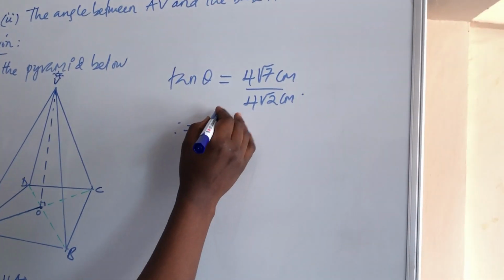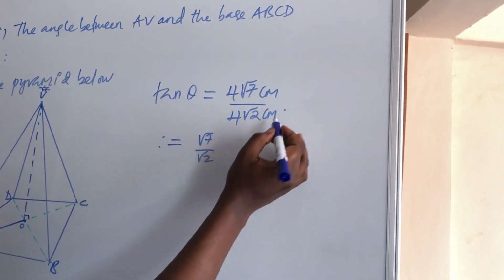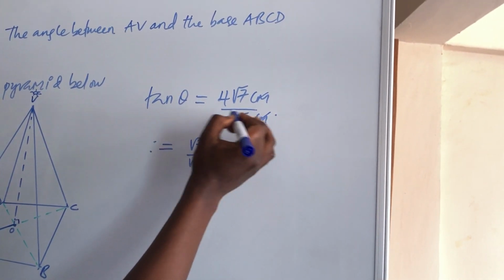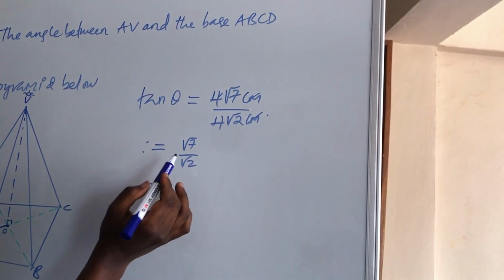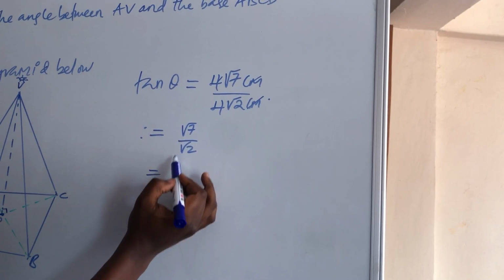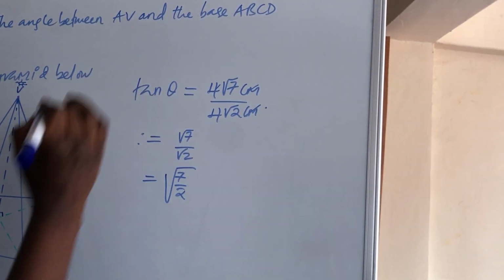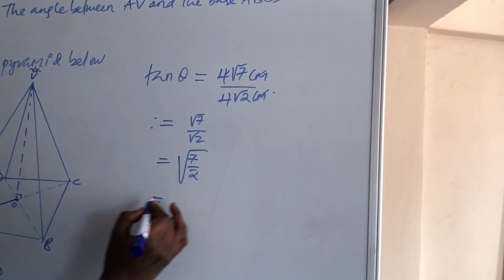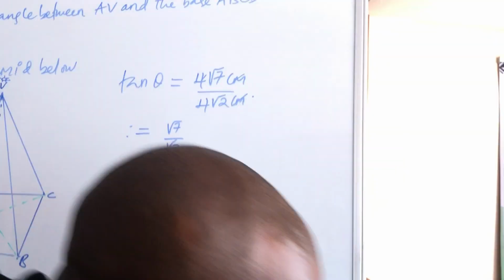Now on simplifying here, we'll have radical 7 over radical 2. Centimeter and centimeter will cancel out, 4 and 4 will cancel out. What remains, because the two numbers 7 and 2 share the same index, we can have radical of 7 over 2. Then from there, we can simplify by using our calculator.